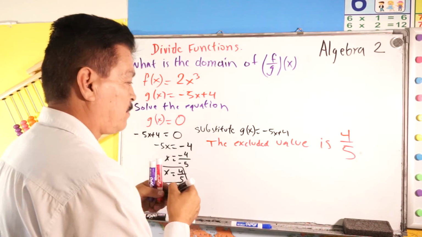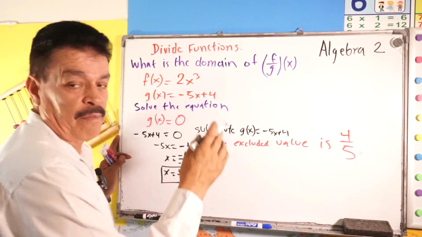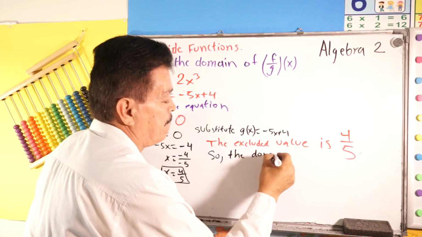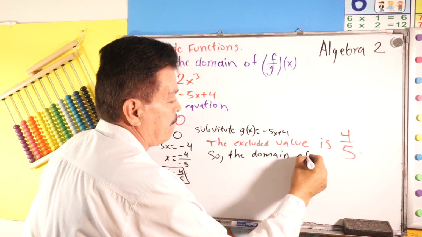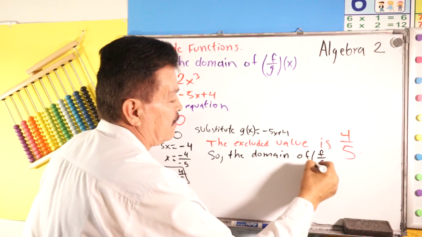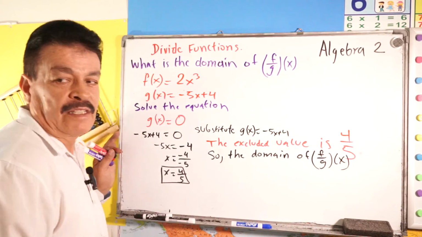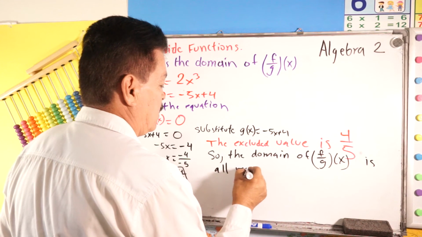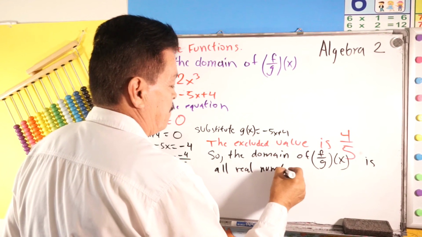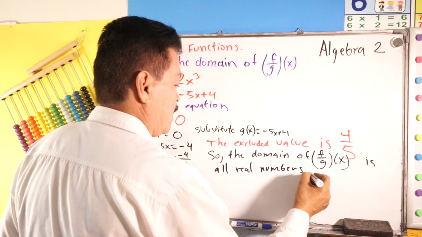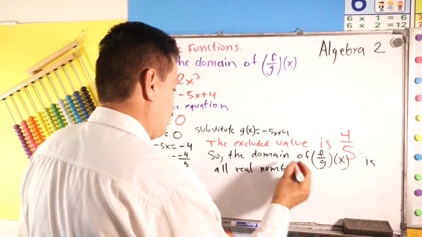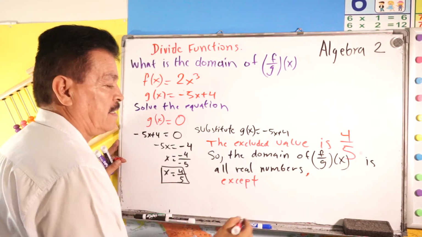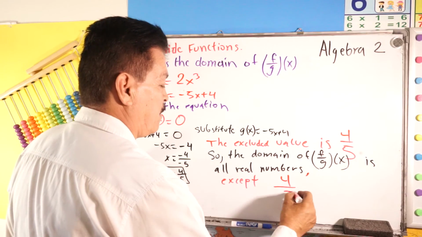The domain of f divided by g of x is all real numbers except 4/5.